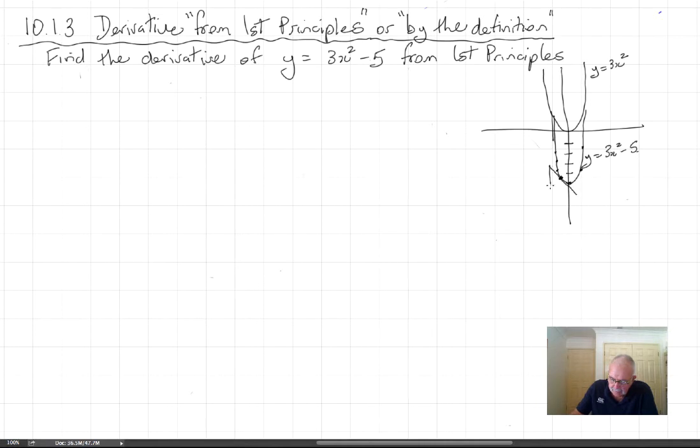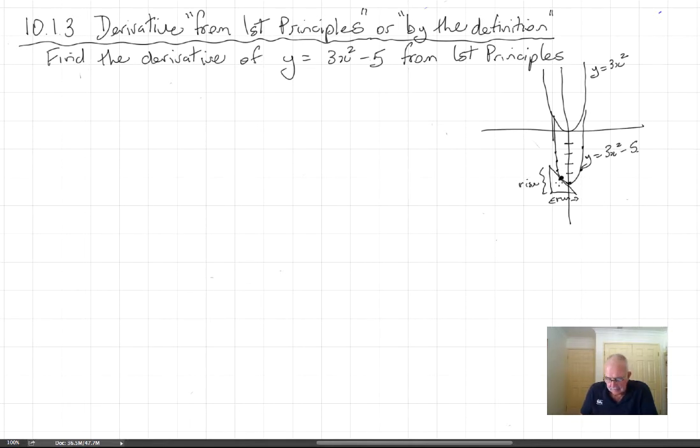And if we do the rise divided by the run, we can draw that triangle anywhere because it'll all be the same underneath a straight line. So that rise, which we can see is going to be negative, over the run, which is from there to there, will be the gradient of this curve at that particular point.